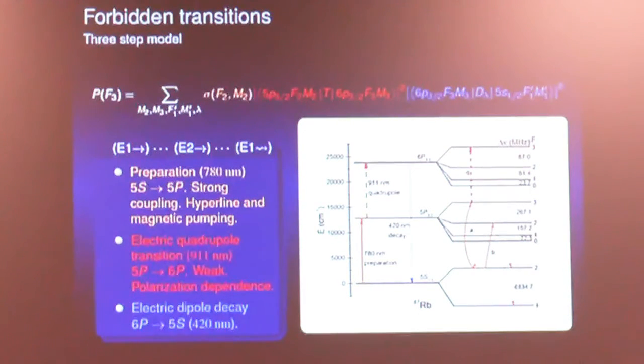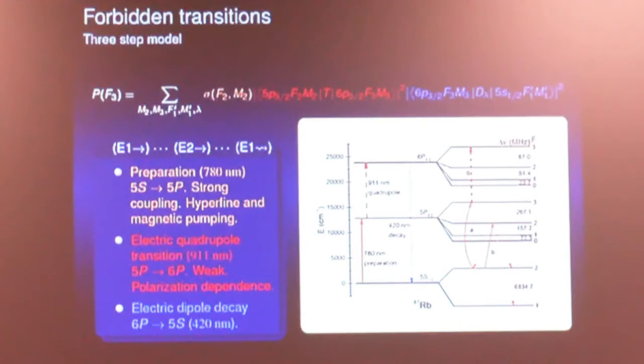There is one cyclic transition and the others essentially pump the atoms out of the hyperfine levels, so we end up seeing only transitions, or the spectra are dominated by transitions from the highest hyperfine state in the 5p3 state.